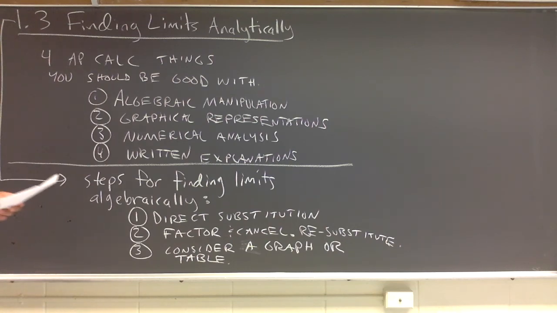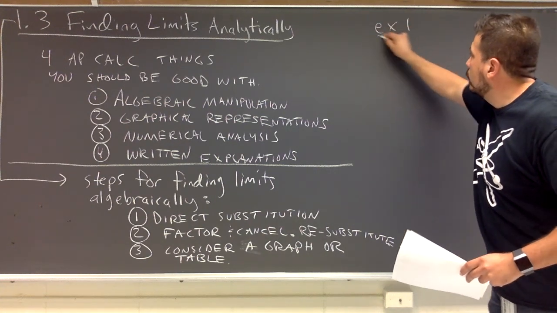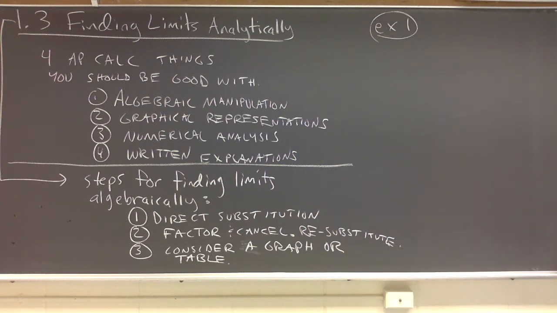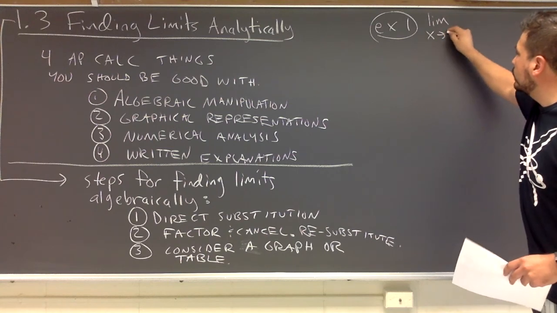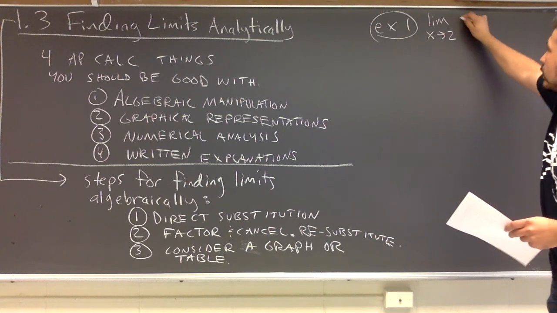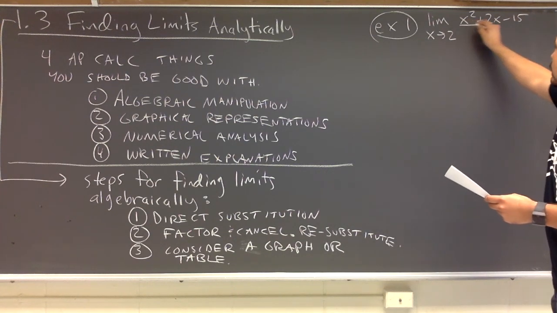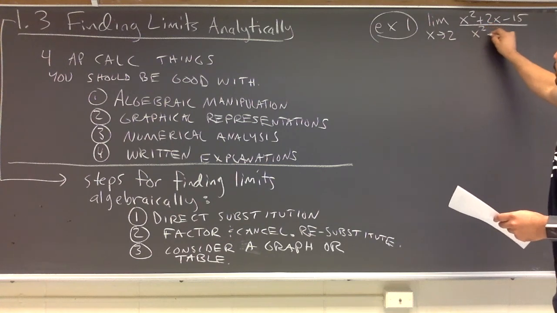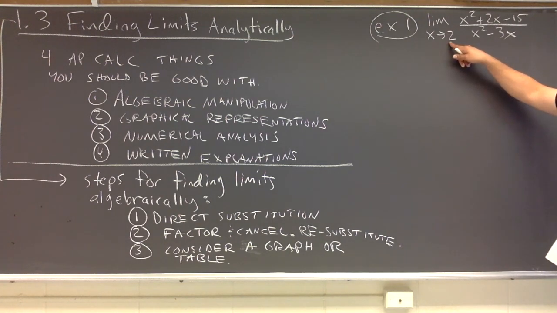Okay, so let's look at this problem here. Let's say we want to find the limit as x approaches 2 of x squared plus 2x minus 15 all over x squared minus 3x. So first, we're interested in what's going on as this function gets really close to 2.